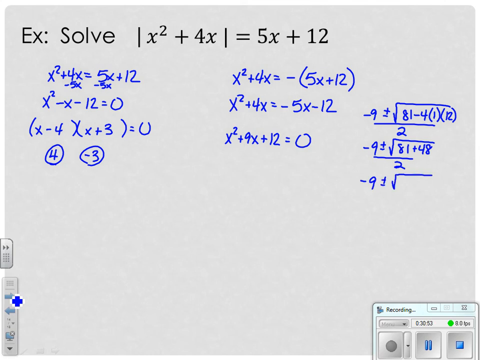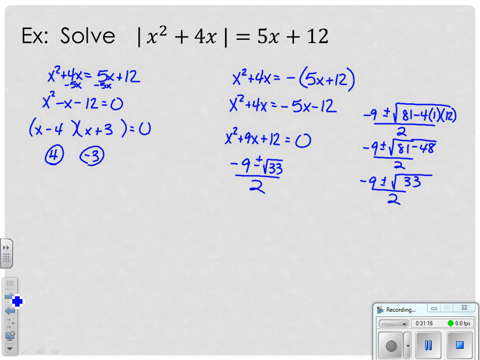Actually, it's a negative 48, sorry. Negative 4 times 12 is minus 48. Everybody see that there? Nothing simplifies. So a negative 9 plus or minus the square root of 33 over 2 are our other two solutions.